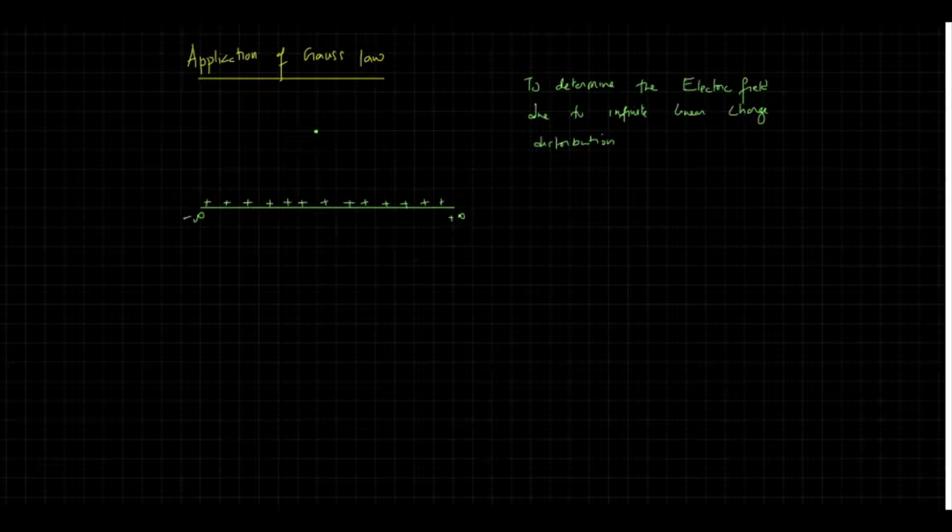So how will you do it? This can be done by using integration, indefinite integral or definite integral, by using the continuous charge distribution method and then determine it. But with the help of Gauss law, this gets very easy to determine. We can easily do it.